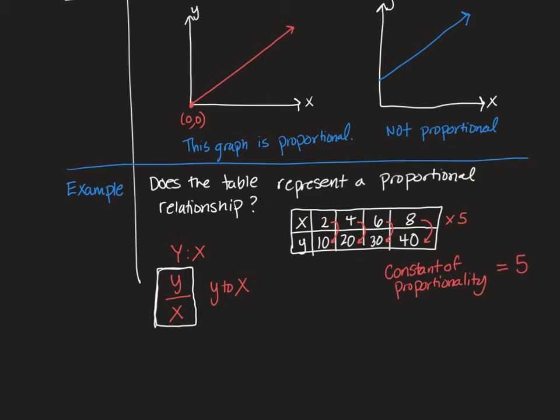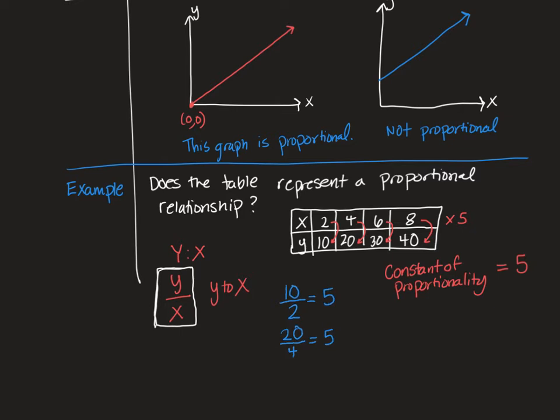So I'm going to write my first ratio, 10 over 2. What's 10 divided by 2? 5. Cool. Now my next ratio, 20 divided by 4. What's 20 divided by 4? 5. Good.